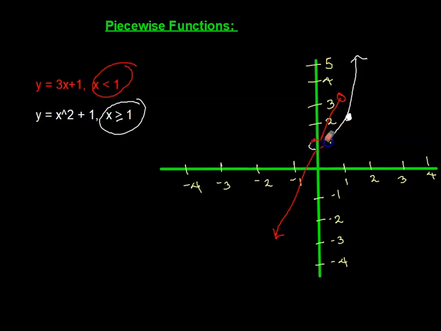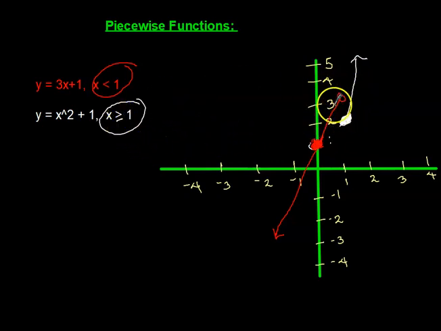I'm trying to figure out how to erase this, but that's not really going to work out. Okay, so just going to reiterate the line here. Okay, so I'm only using this where x is greater than or equal to 1, which is right here. And that's it, this little part of the parabola.